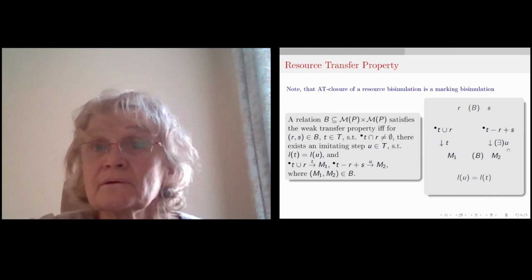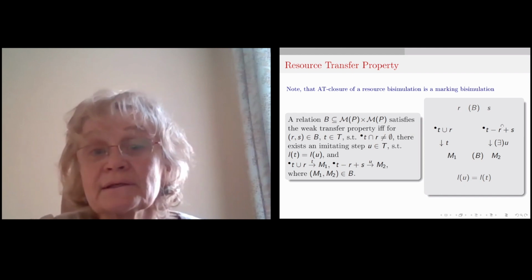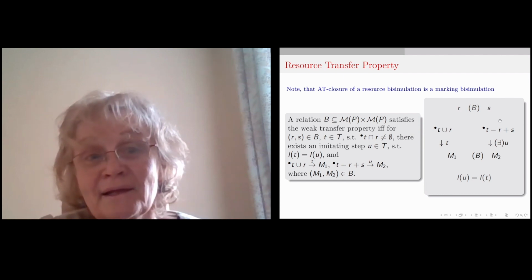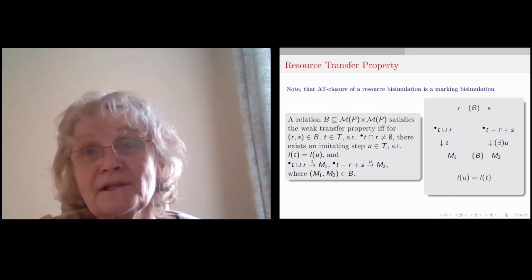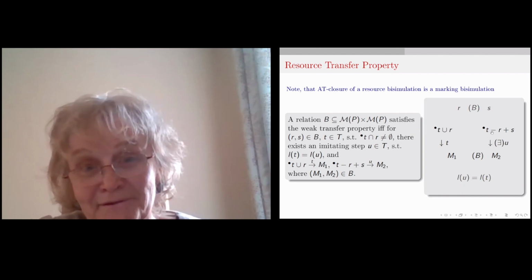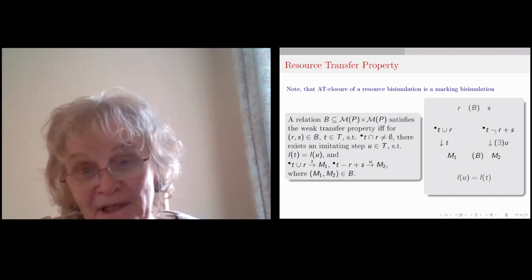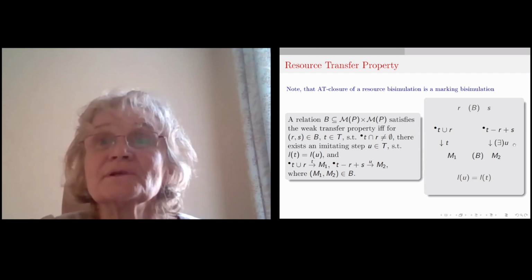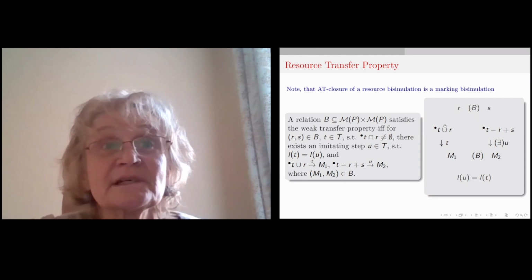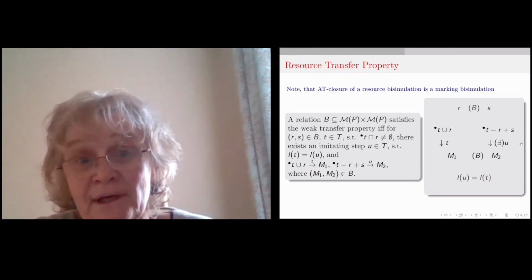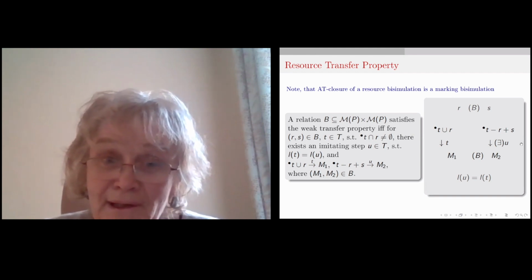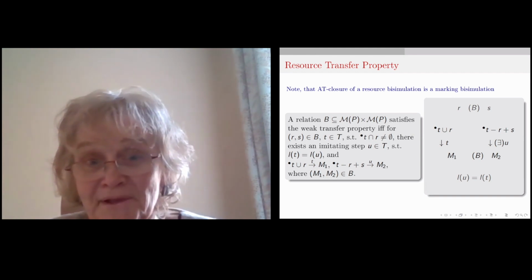Then, to say this is an attacker and this is a defender, the defender may use these added resources as well. He has what he has, but what was added, he also can use. And then we have such a transfer property which allows us to be more flexible in some sense.